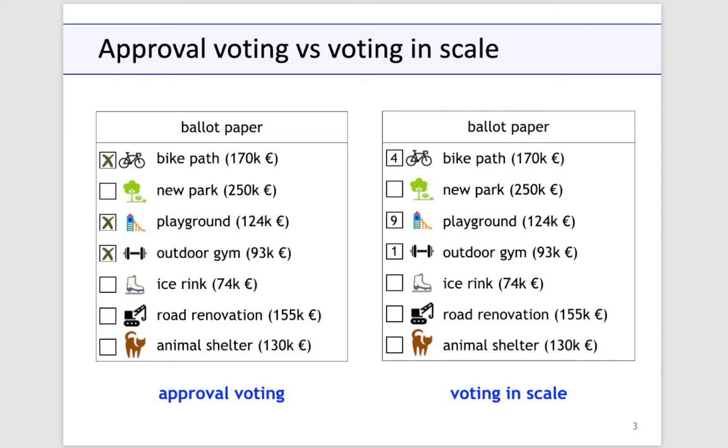She assigned 4 points to building a new bike path, which means that this project is not as important as playground, but still has strong support from this voter. And she assigned 1 point to the outdoor gym, which means that perhaps this voter would be interested in using this project once funded, but out of those 3, it has the lowest priority.